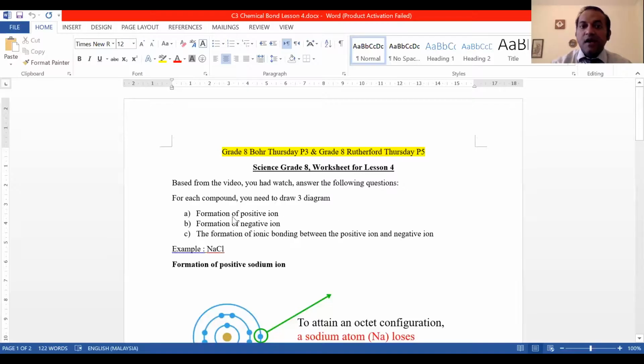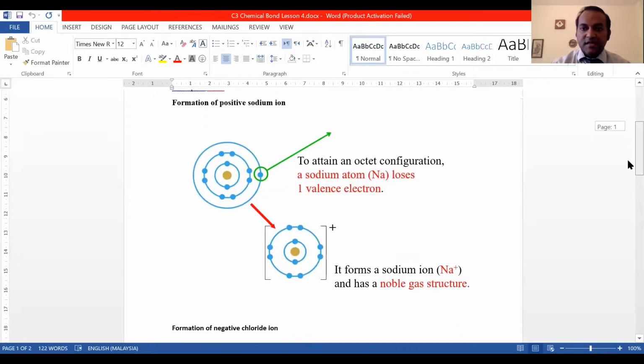Okay, so guys, that's the idea for today's activity. And to do that, I have one worksheet for you here, actually 2 worksheets. It's lesson 5, we'll show you lesson 4. So this is lesson 4, same. How to form positive ion, how to form negative ion, formation between the positive and the negative. So this is worksheet number 4 for today's lesson number 4.